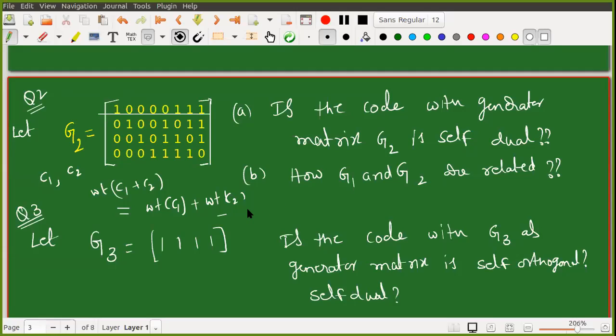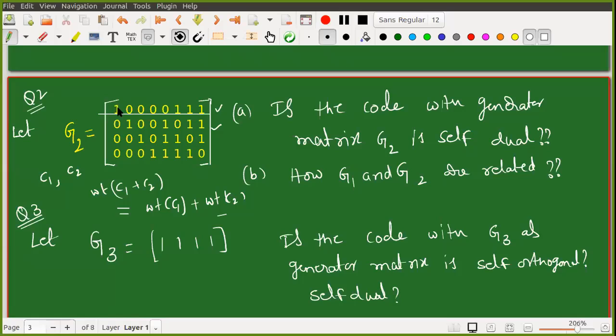That's the intersection, right? So I am adding these two. We are repeating the common parts in weight of C1 and weight of C2. That's why we are subtracting it once. Okay, let us go.